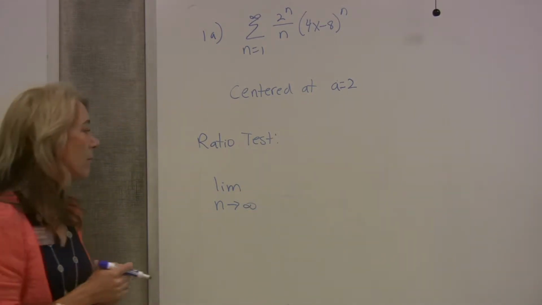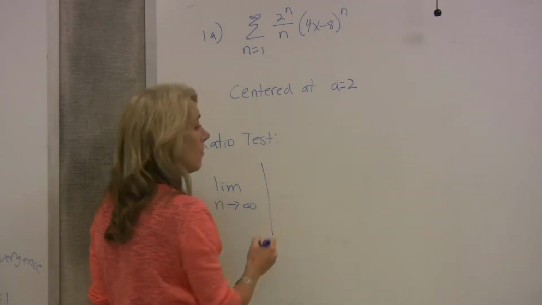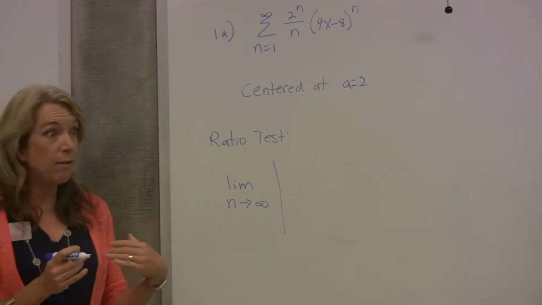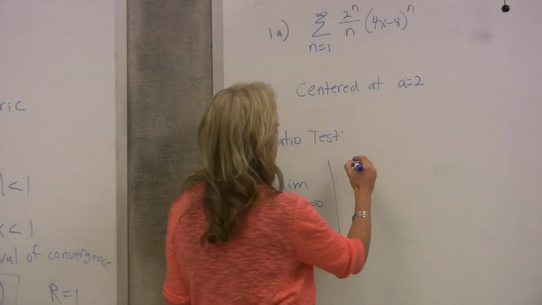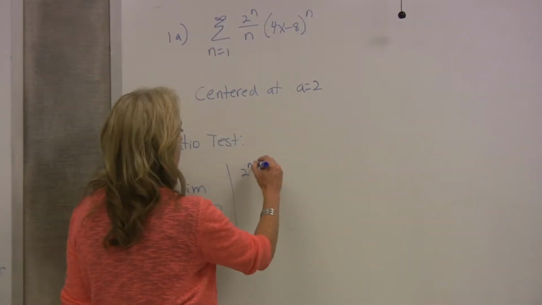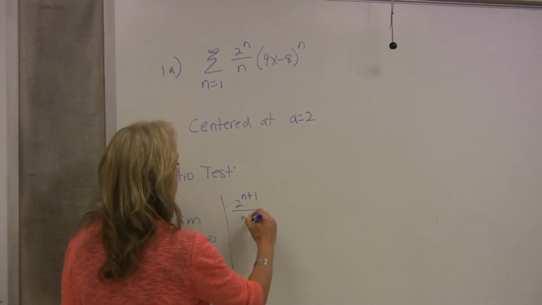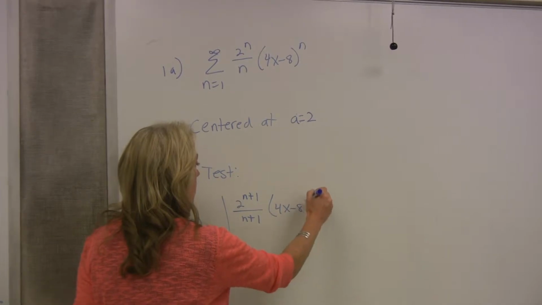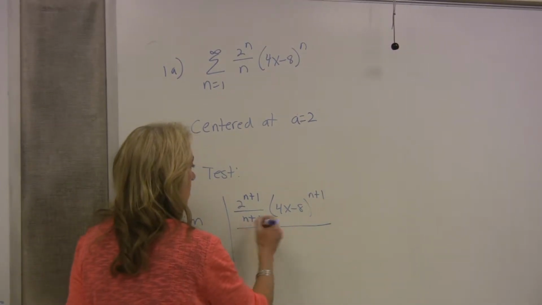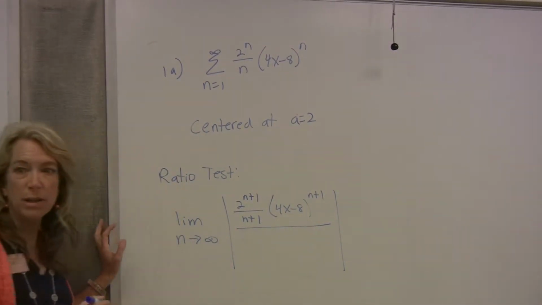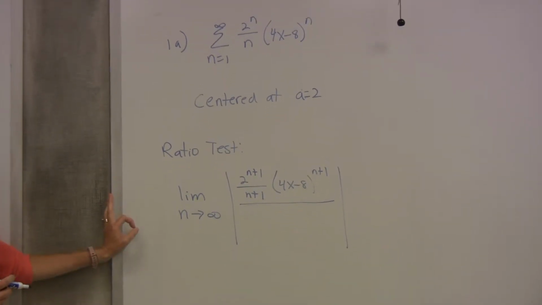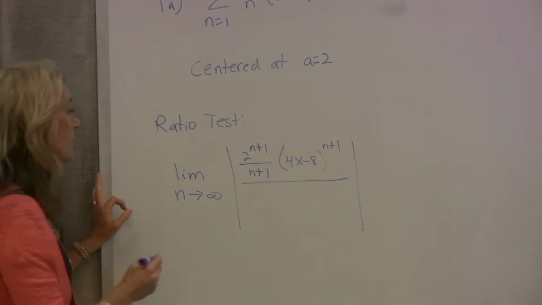The limit of the n plus first term over the nth term. So the n plus first term is 2 to the n plus 1 over n plus 1 times 4x minus 8 to the n plus 1. Right, that's the n plus first term. I know it's messy. Over the nth term.